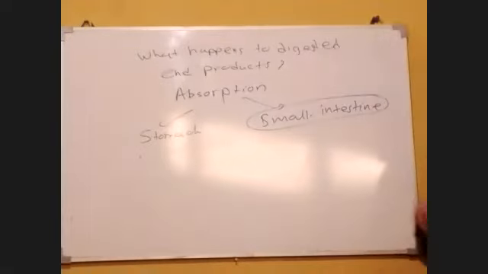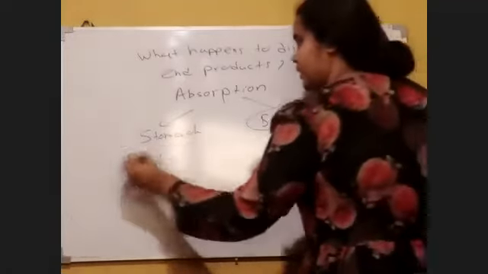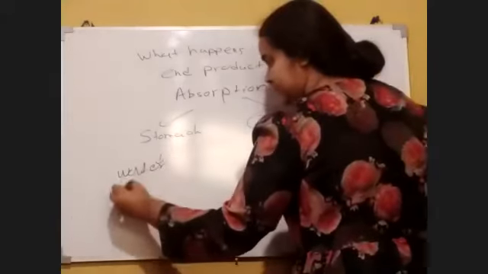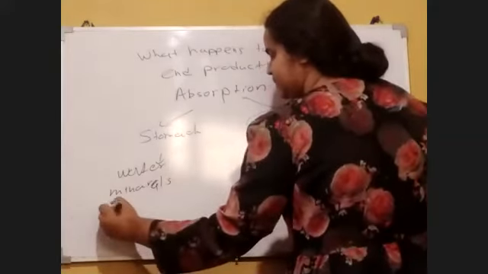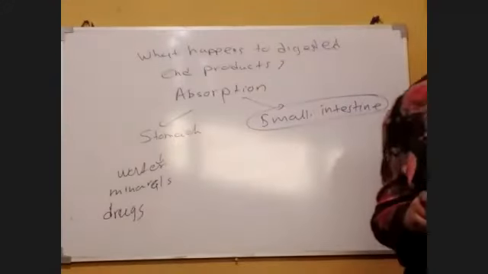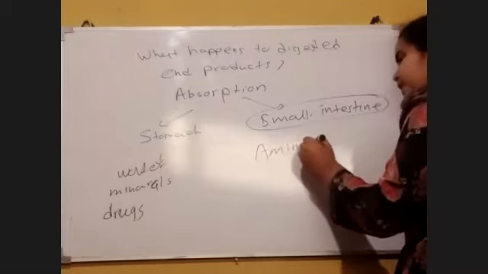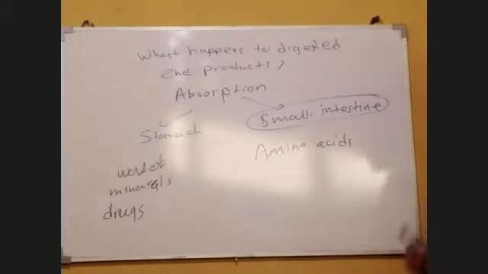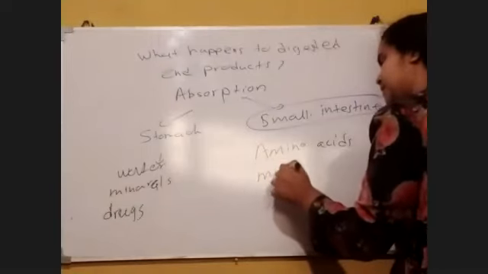So we know that the stomach can absorb water, minerals, and some drugs. The small intestine can absorb amino acids, some minerals, and vitamins.